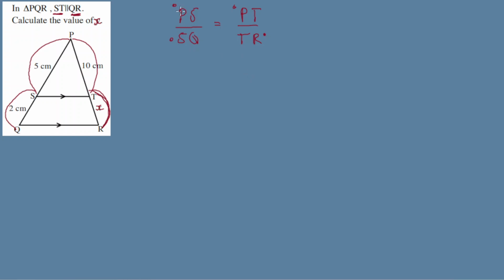PS is 5, SQ is 2, PT is 10, TR is x. We cross multiply: 5x equals 2 times 10, which is 20. So x is equal to 4 centimeters. So your corollary must include the unknown side, and the other three must be known.